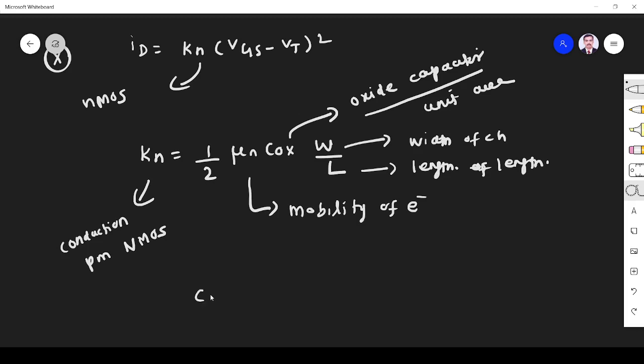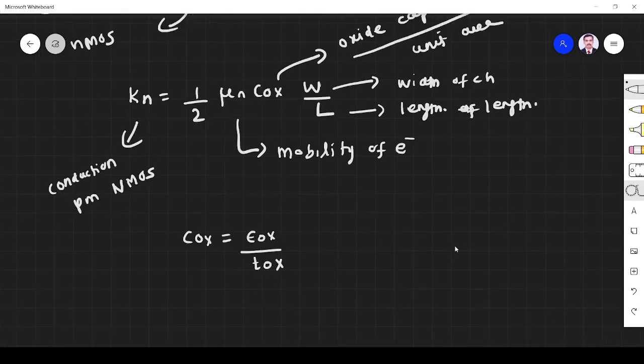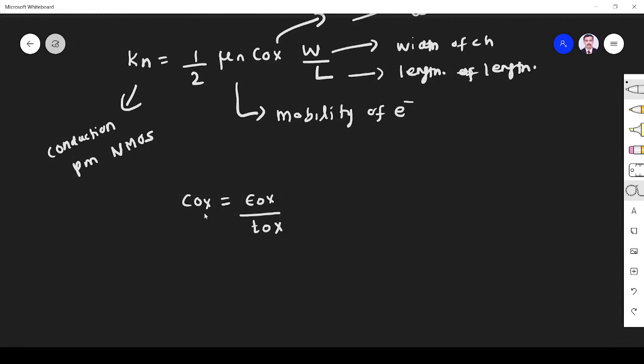Here, the oxide capacitance COX is given by epsilon OX divided by TOX. What is epsilon OX? It is the oxide permittivity, and TOX is the oxide thickness.